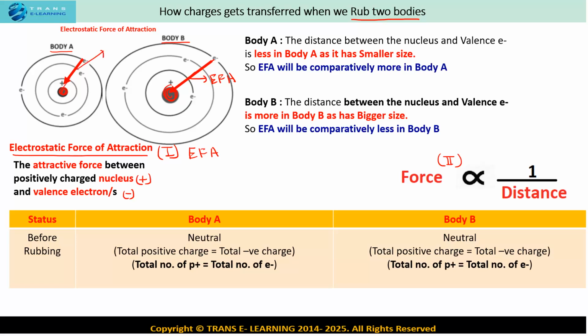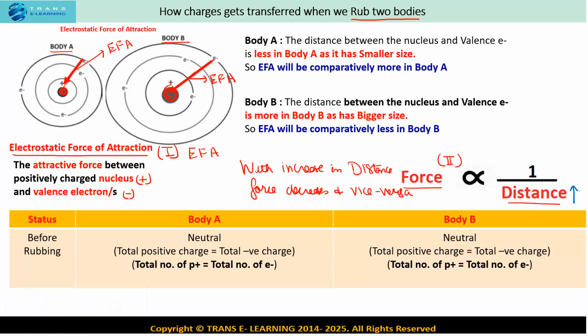Now the second parameter is the inverse relation between the force and the distance. What does this mean? This means that with an increase in distance, force decreases and vice versa. So if the distance increases, the force decreases, and if the distance decreases, the force increases.